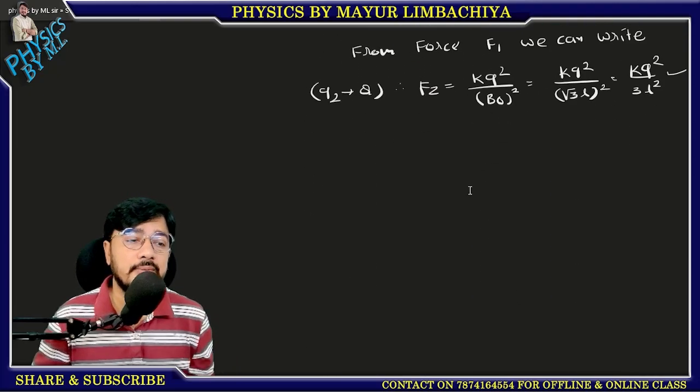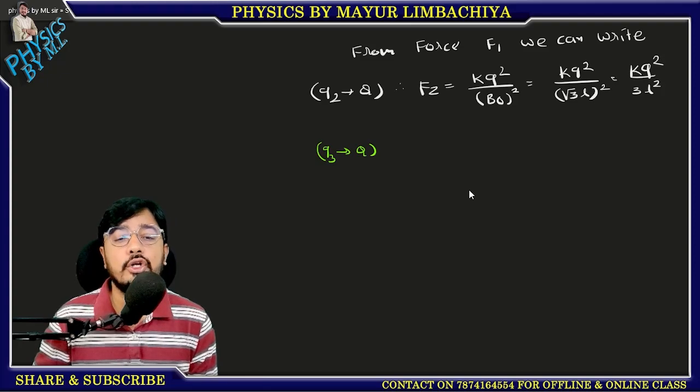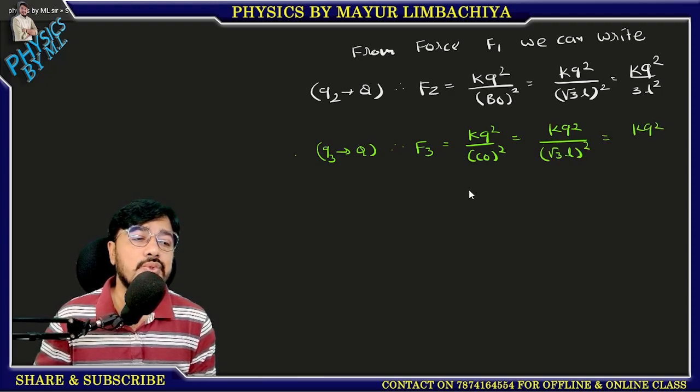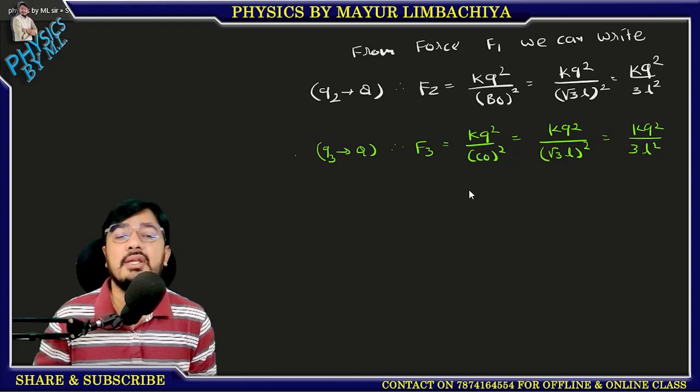That's why the force is the same between all of these three pairs of charges. So dear students, now the same thing I can write for Q3, the force because of Q3 on Q. So F3 will be KQ square by CO square, which again is the same value.